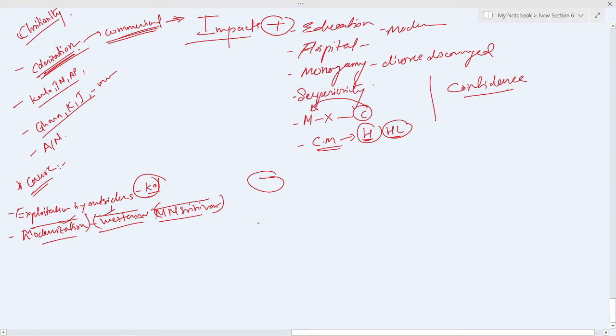But there were certain negatives. The negatives include, first, they create complexities. This complexity started in social life, cultural life, and when we talk about the vertical division in society, this vertical division was also hampered.